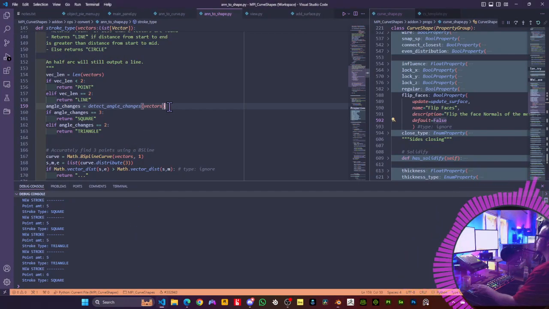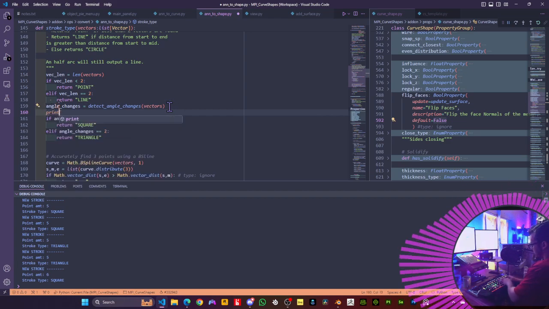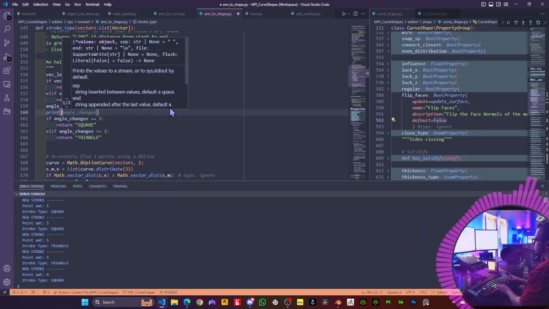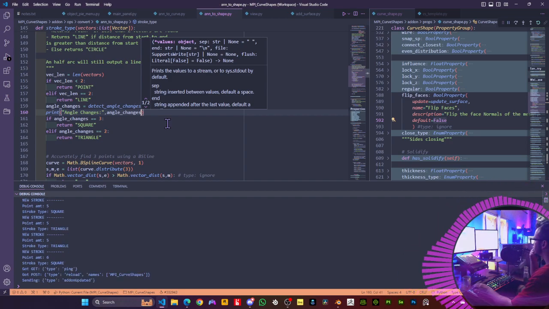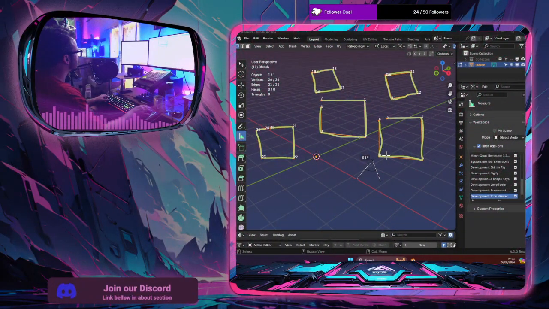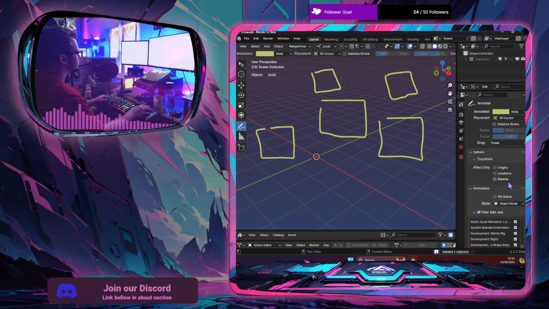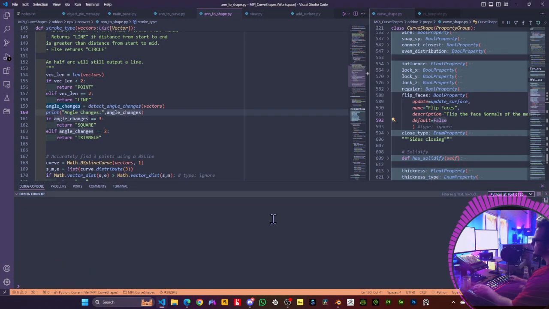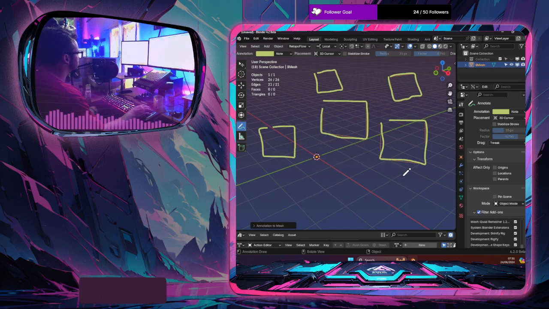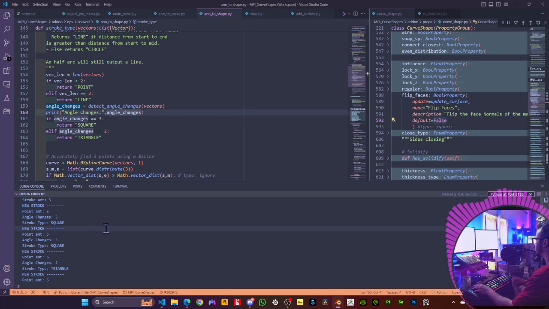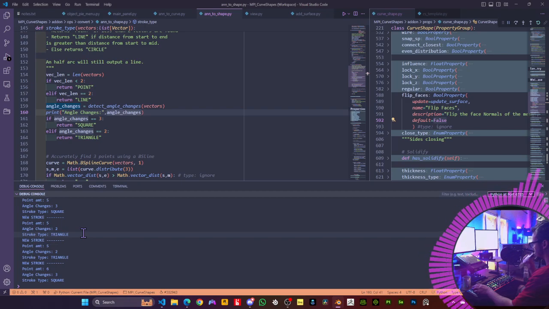Okay, let me print the angle changes here. Three a square, three a square, two a triangle.